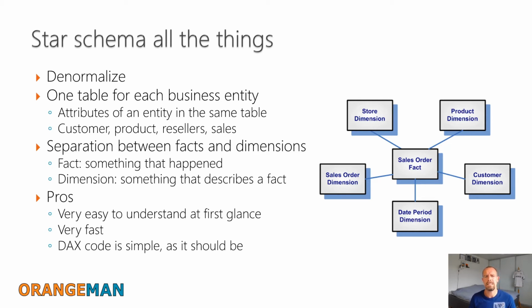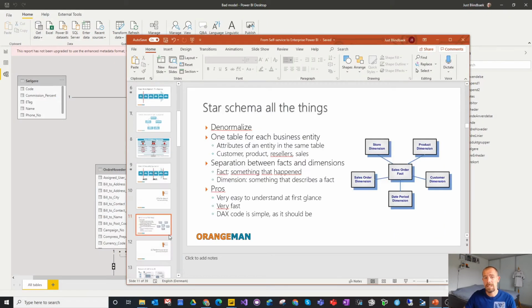So please, please teach your business users this, so that when you get handed over a data set, it is in this shape or close to this shape, because then it will make your life much easier in doing the ownership transfer. And let's have a look at an example of a model I was handed over once.